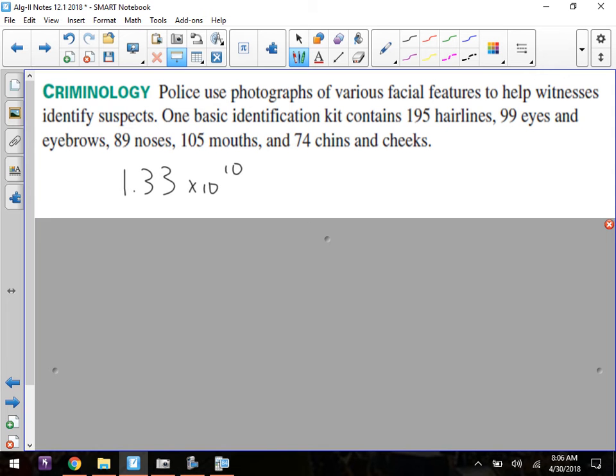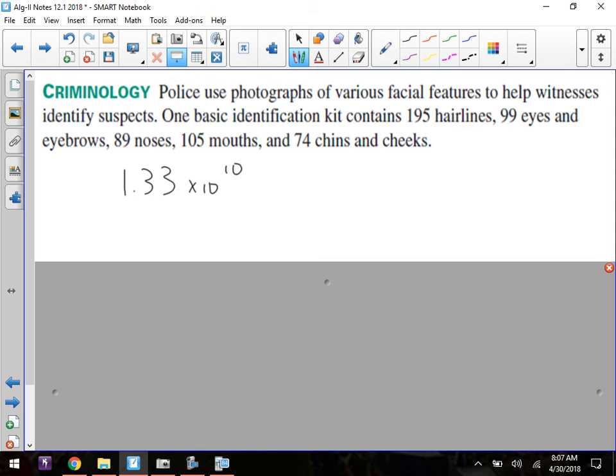Now, if I remember my scientific notation correctly, then it's what? 1, 2, 3, 4, 5, 6, 7, 8. So that's 13 billion.